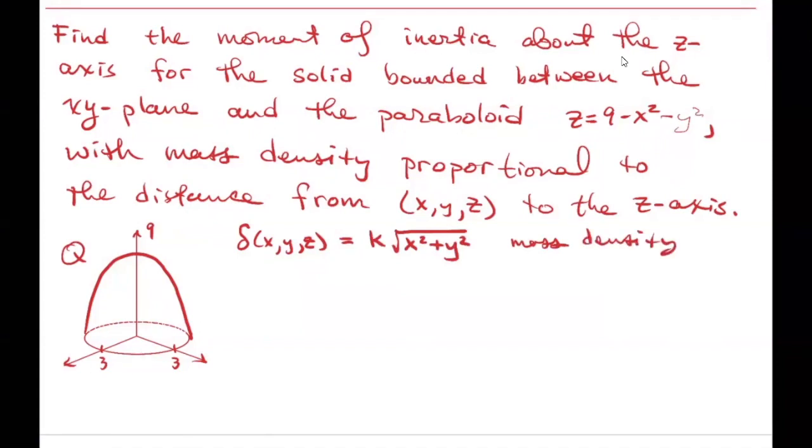Okay. And I think we're pretty good here. Maybe on the top, we'll just kind of put in our surface. So on top you have z equals 9 minus x squared minus y squared. On the bottom here, z is 0.